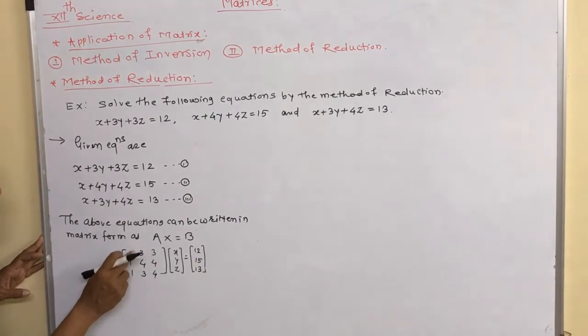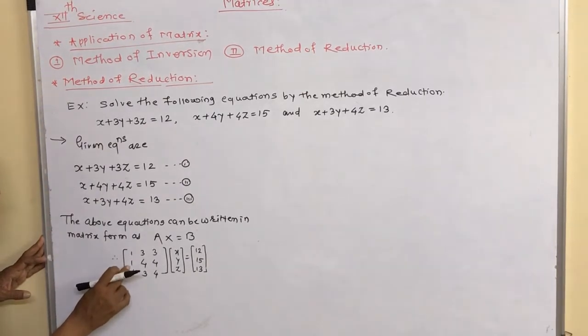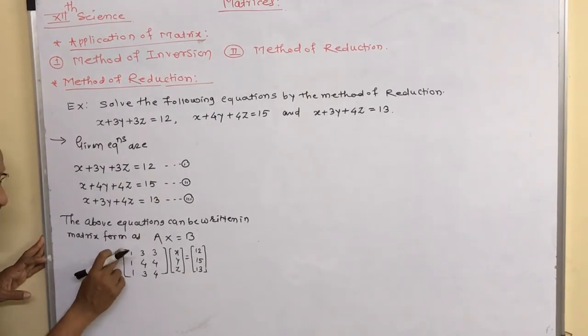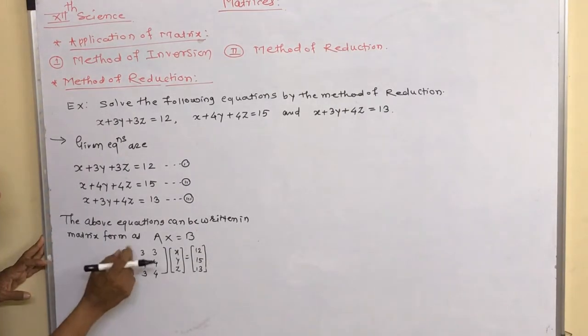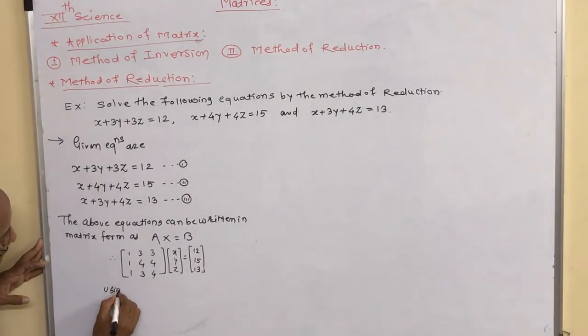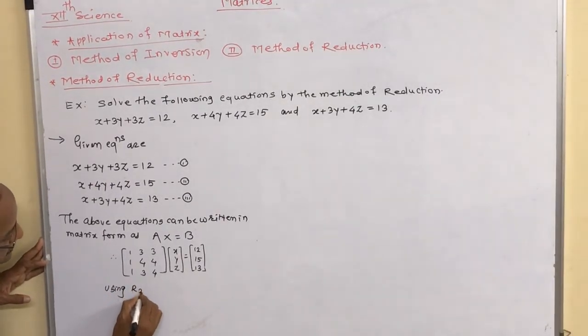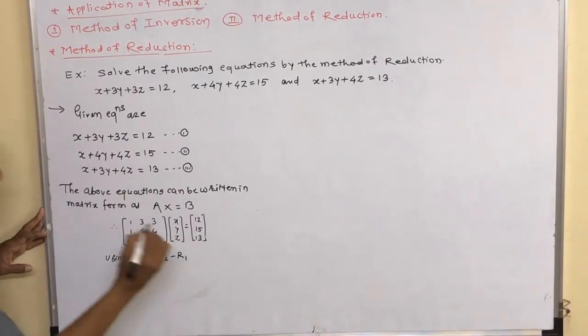First obtain a 1 in the first position, but here it is already present. Now to get the two zeros one by one, first use R2 implies R2 minus R1.